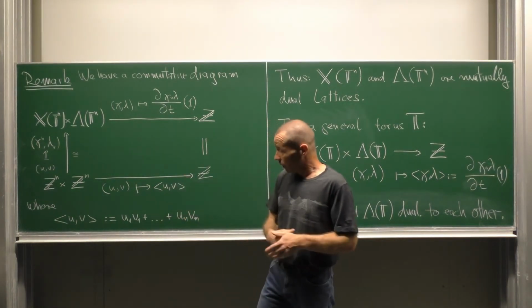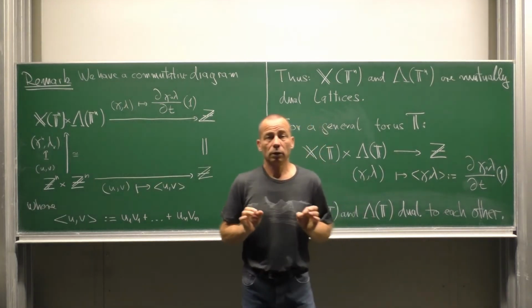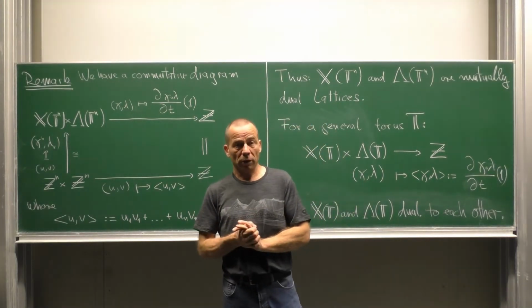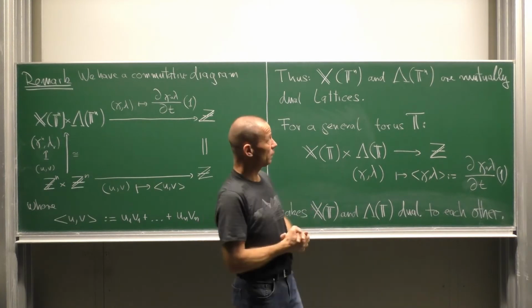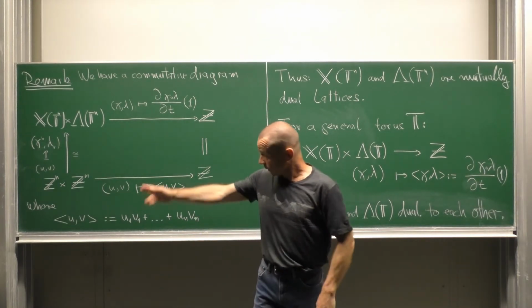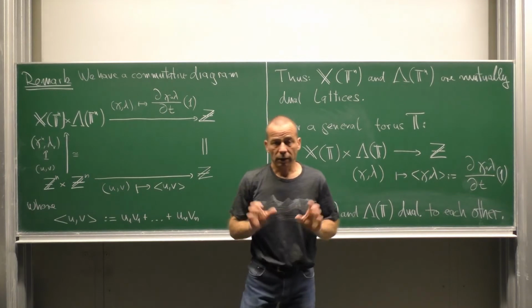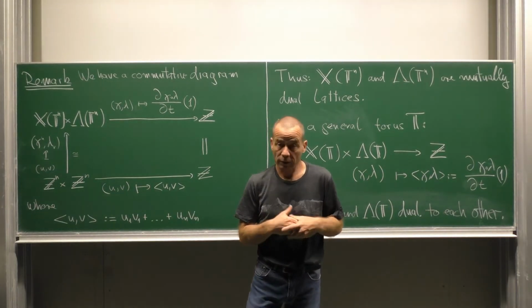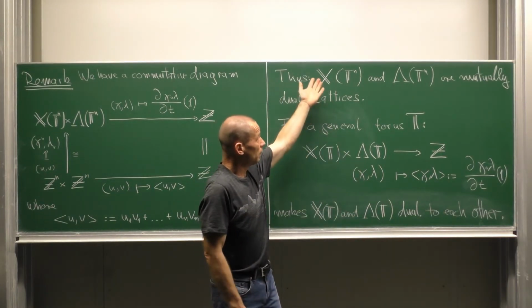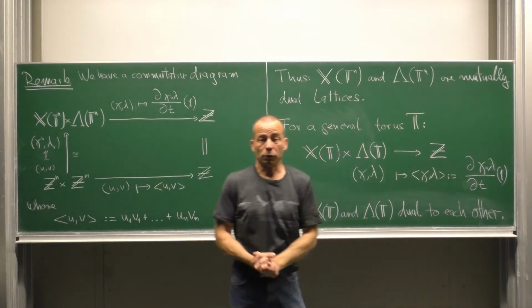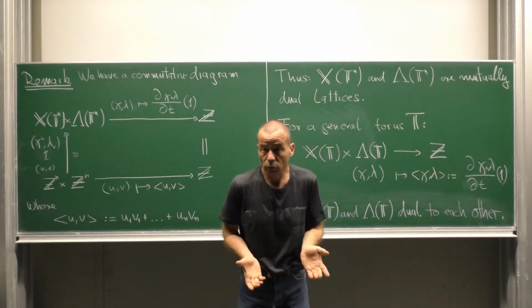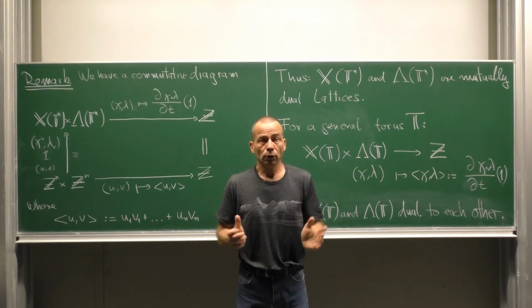Now this lower row is a perfect bilinear pairing. That means the lattices Z^n and Z^n are dual to each other, and consequently the character lattice and the lattice of one parameter subgroups of the standard torus are also dual to each other.